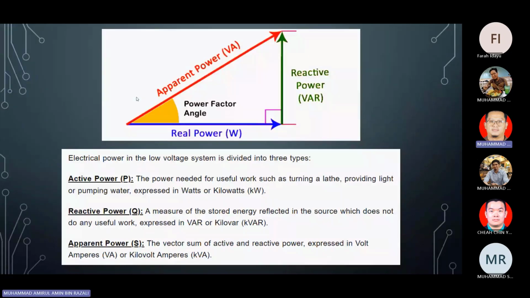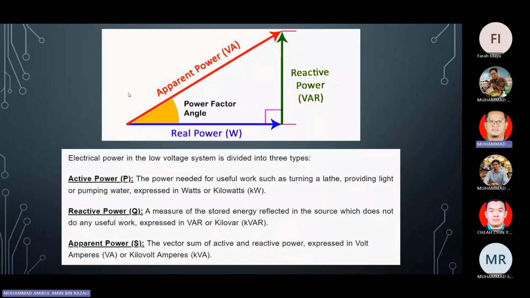This is the power triangle for electrical power in a system. It is divided into three. Firstly, the active power. This is the power needed to do useful work, such as turning a lathe machine, providing light, or pumping water. Active power is expressed in watts or kilowatts.